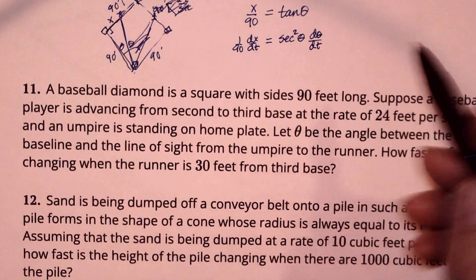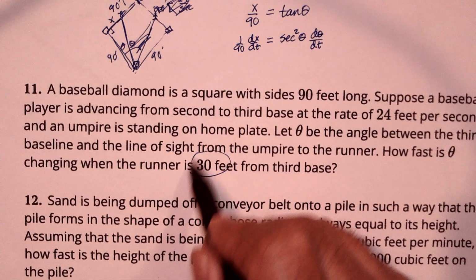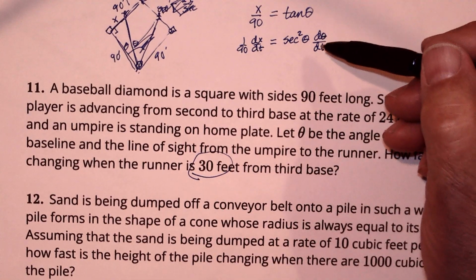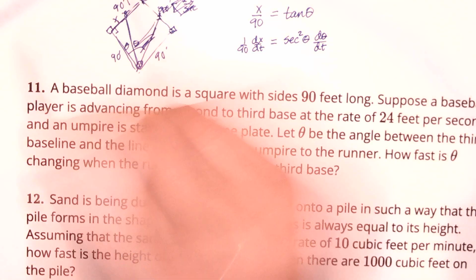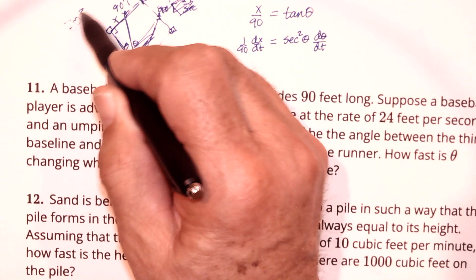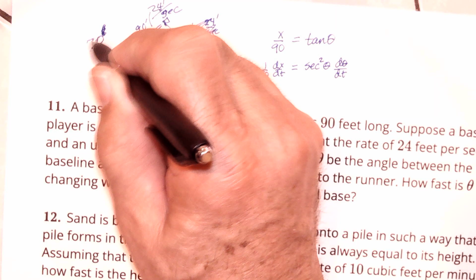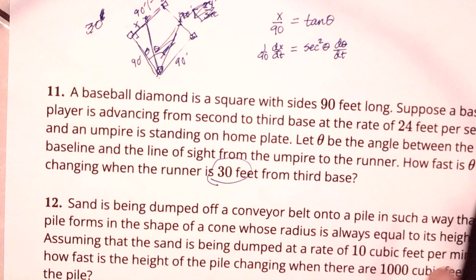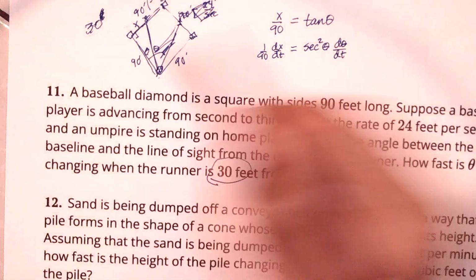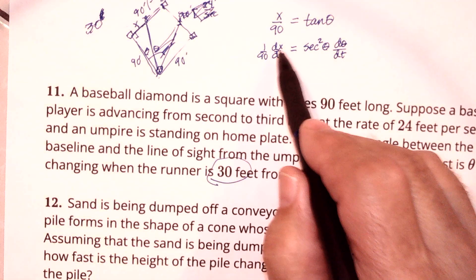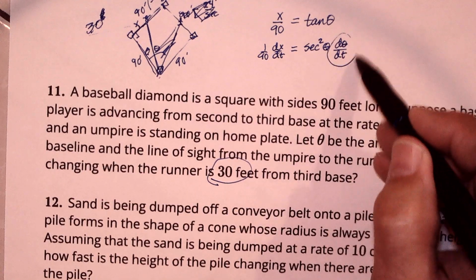Now we can plug in the things that we know. He was 30 feet away when he was going 24 feet per second. We need the angle when he was 30 feet away to figure out how fast the angle is changing.